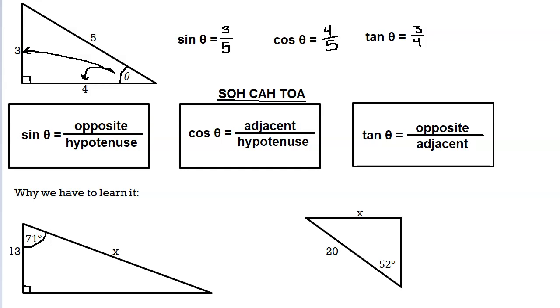And it's actually really important that we remember what each ratio does. We need to remember that sine is the ratio of the opposite to the hypotenuse, and that cosine is adjacent over hypotenuse, and that tangent is opposite over adjacent.